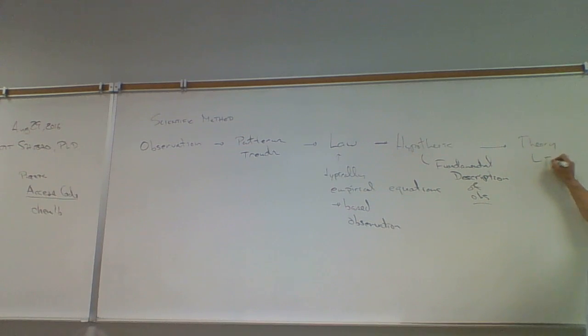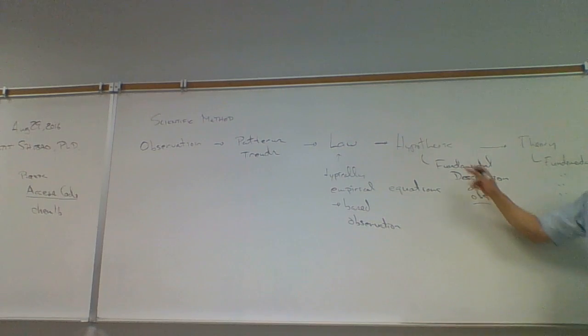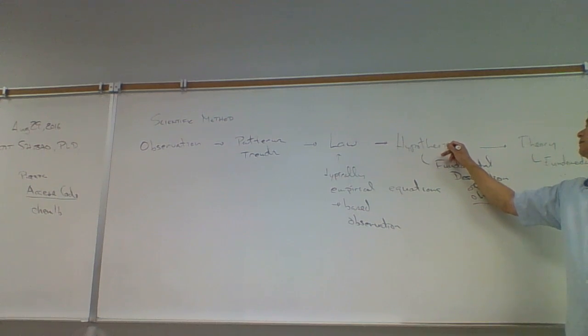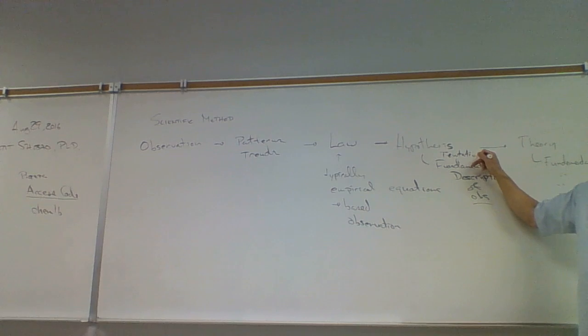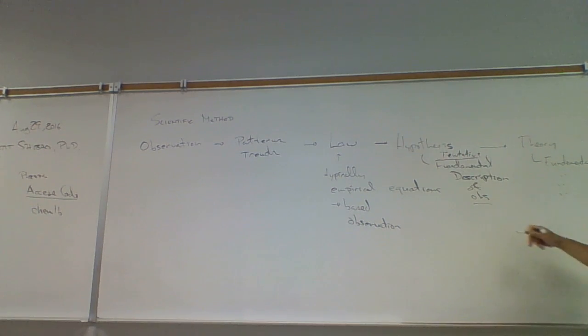Well, both of these are fundamental descriptions. So the key difference between a theory and a hypothesis is this. It's a fundamental description of observation. But a hypothesis is what we call tentative, whereas a theory is widely accepted.